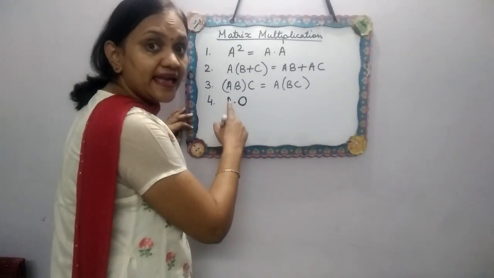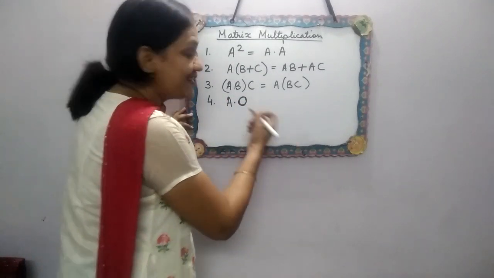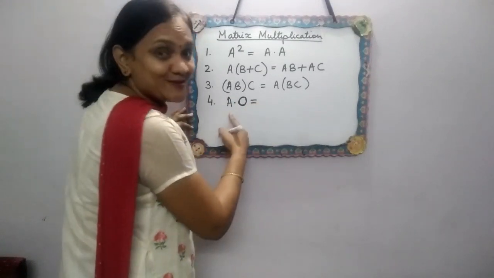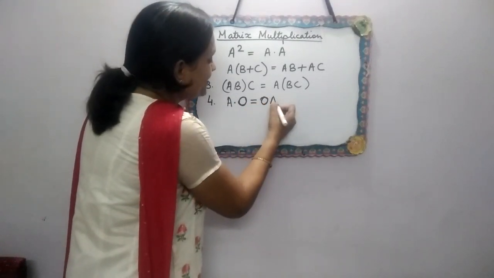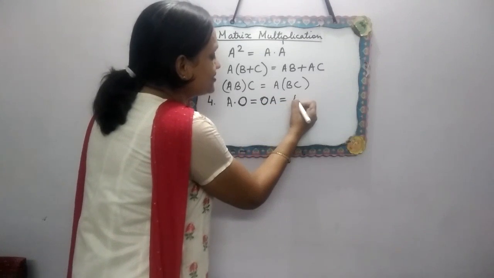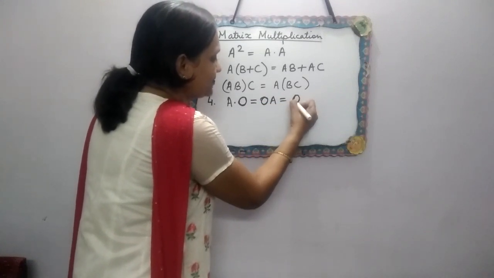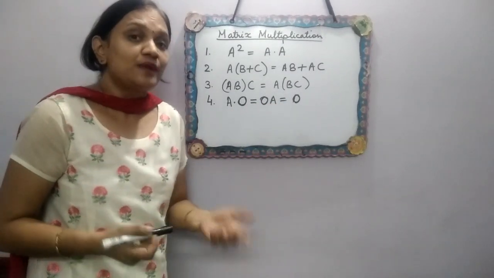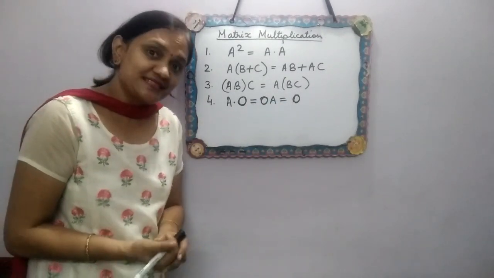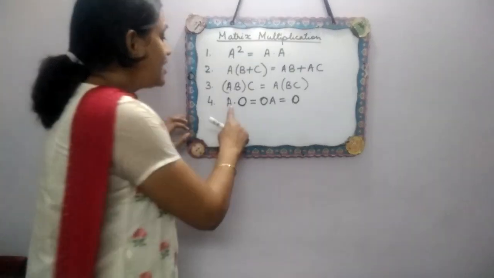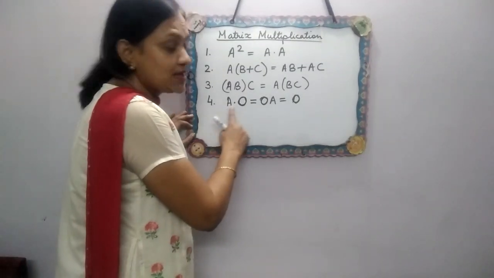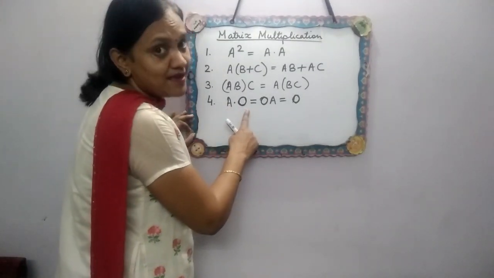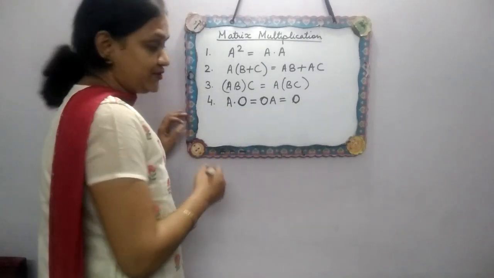If you multiply A with the null matrix 0, then A into 0 is equal to 0 into A, which is equal to 0. Why is it so? For real numbers, if you multiply a real number by 0, you get 0. In a similar manner, if you multiply a matrix with the 0 matrix of the same order, you get 0.